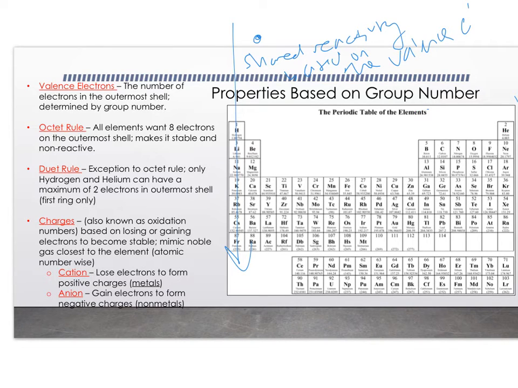And that's an important thing that you have to remember, because the elements within the same group react the same because they have the same number of valence electrons. That's because valence electrons have a lot to do with the chemical reactivity of those elements.